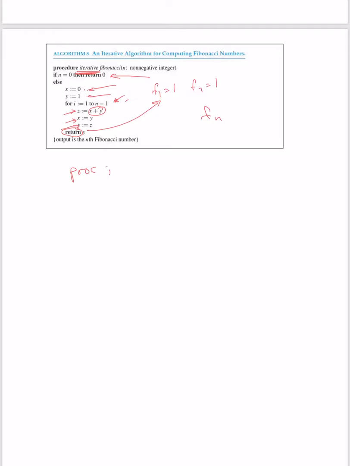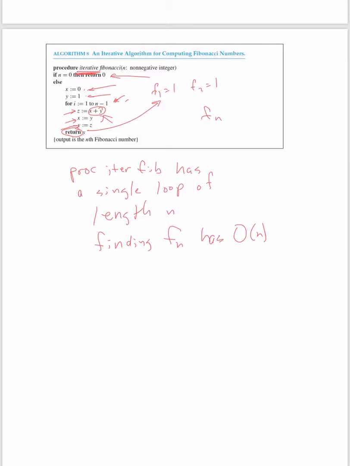And since the iterative Fibonacci procedure has a single loop of length n, then finding Fn has big O n complexity in terms of numbers of additions.